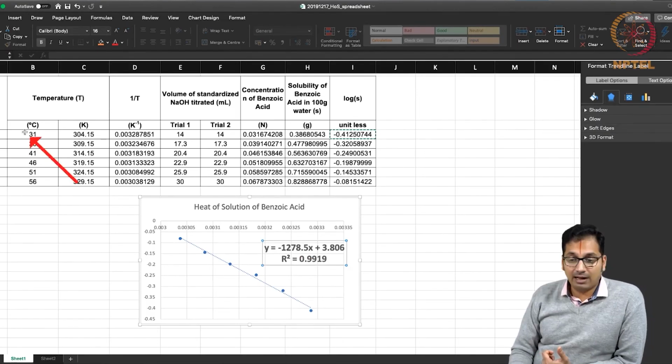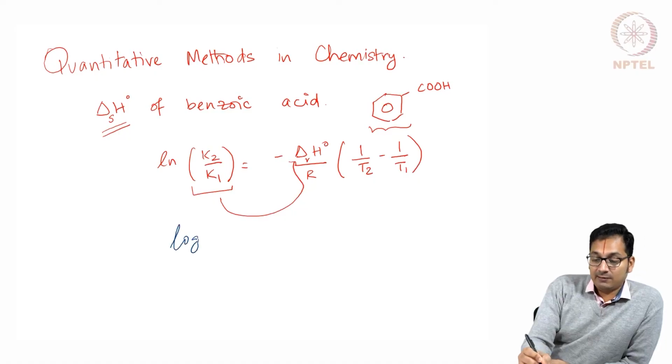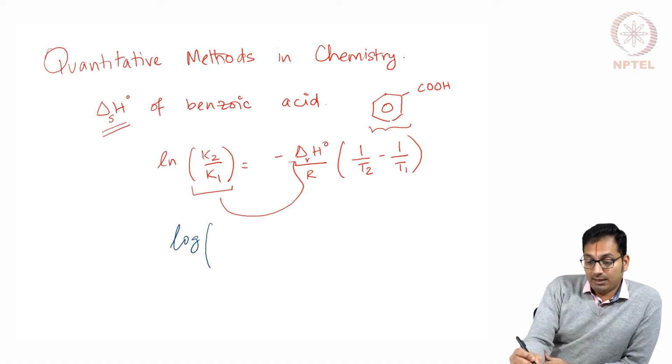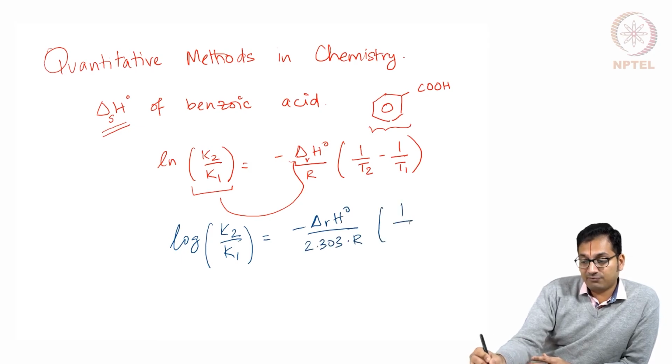Now let's go back and try to see what it is that we wanted to measure. What has happened is that Excel seems to be using log as log 10 itself. So basically if you have a log of k2 over k1, you are going to have a 2.303, which comes up as the change in base from log e to log 10.